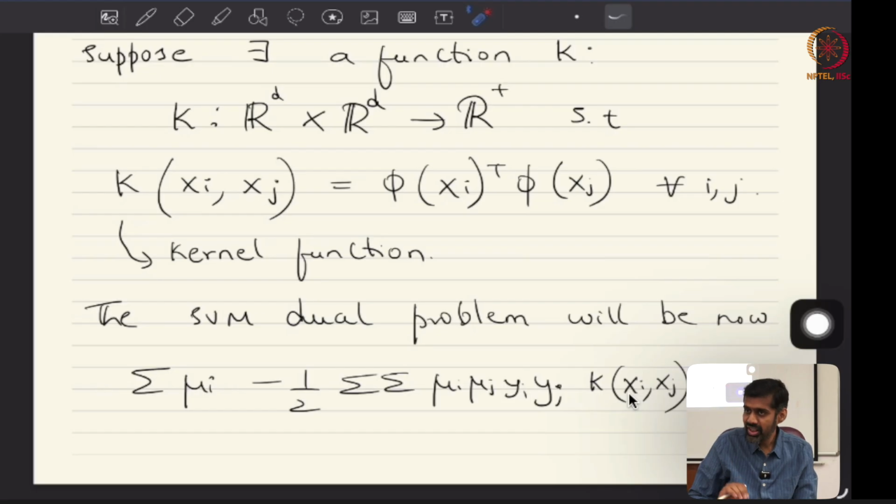So you project your data onto an infinite dimensional space, there you assume it to be linearly separable, and you don't actually project the data, you only compute the kernel. We will see that. But what is to be noted right now is that if there exists a function like this which will operate in the data domain and computes the inner product, which is called the kernel, then to solve the SVM problem, the max margin classifier problem, you do not even have to know what the projection is, as long as the kernel can be computed.